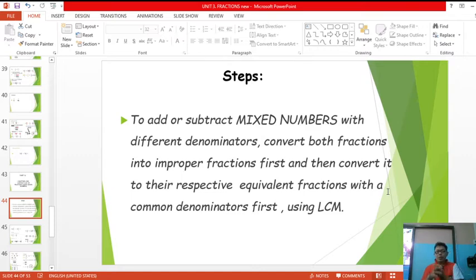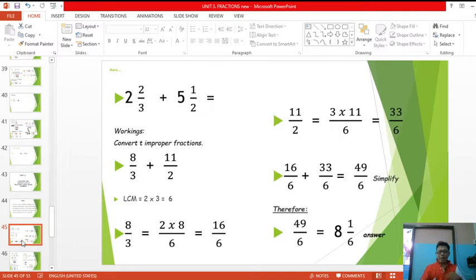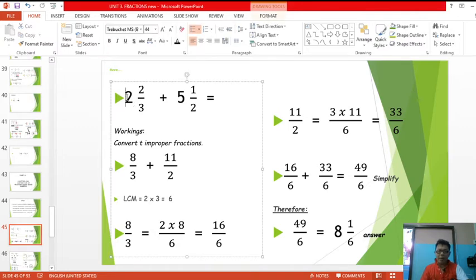Now, to have a concrete example, look at this. Both are mixed numbers. So here we have 2 and 2/3 plus 5 and 1/2.